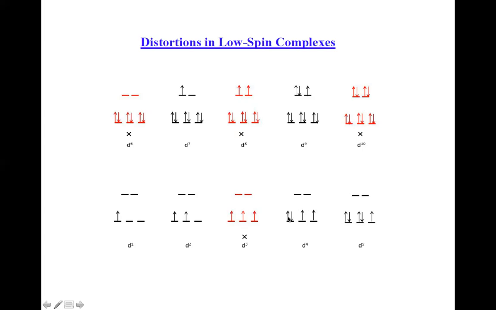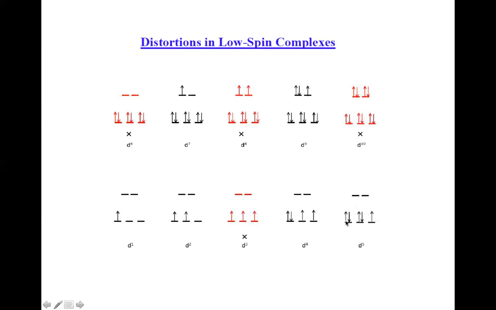In a d4 system, in a low spin complex, electrons will preferably pair up rather than going to the higher lying eg level. So this will lead to an asymmetric t2g level that will lead to Jahn-Teller distortion.